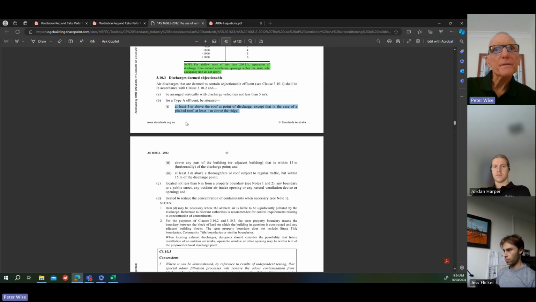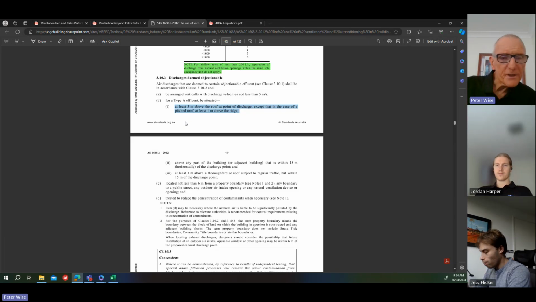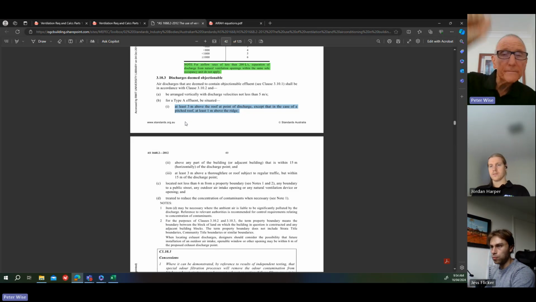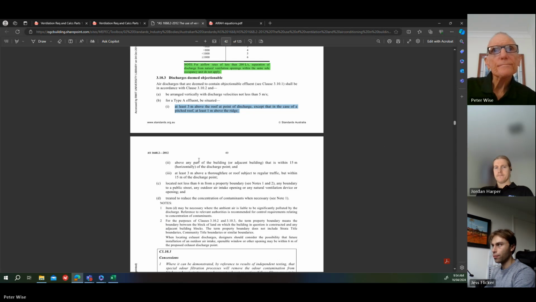So when the exhaust flue comes through the roof, if the roof is trafficable, which means people can actually go up there and service fans and things on the roof, then the discharge has to be 3 metres above the roof. It has to be vertical, so that anyone working up there is not likely to be in danger of inhaling these dangerous fumes.